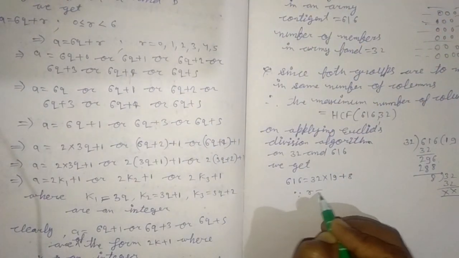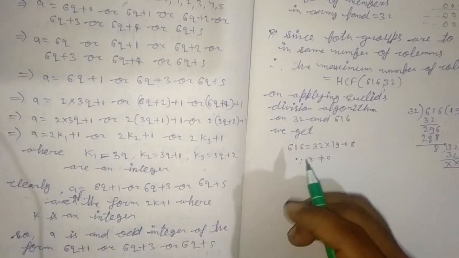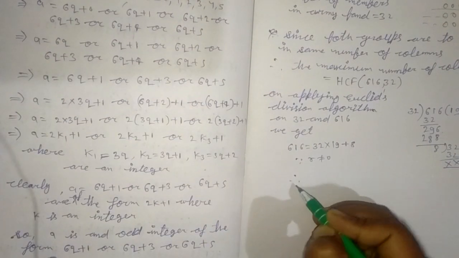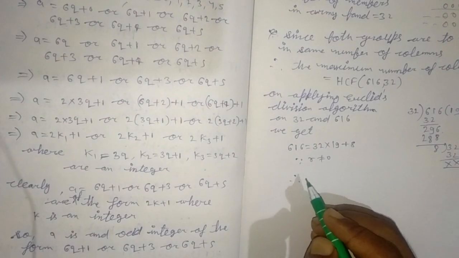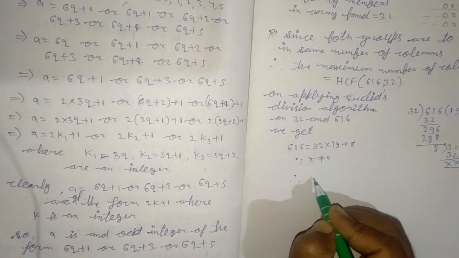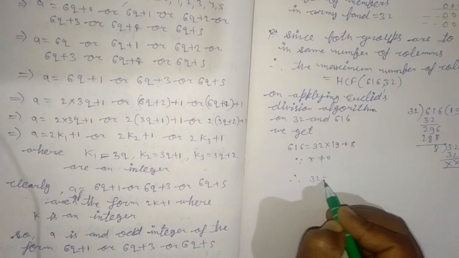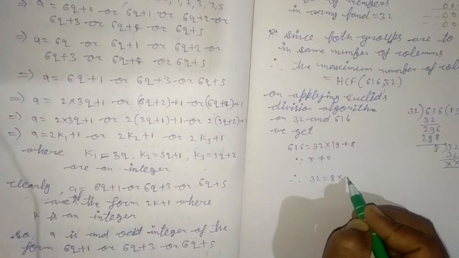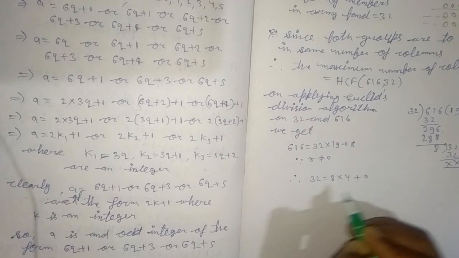Since r does not equal 0, we again apply Euclid's division algorithm on 8 and 32. So we get 32 equals 8 into 4, remainder 0.